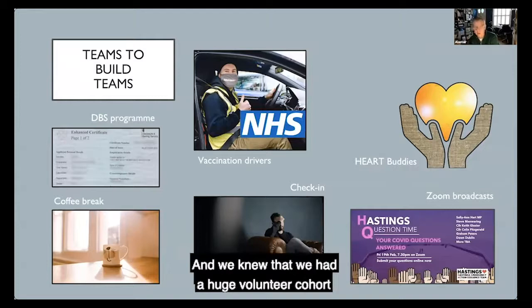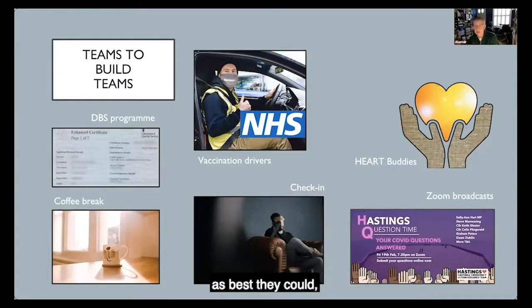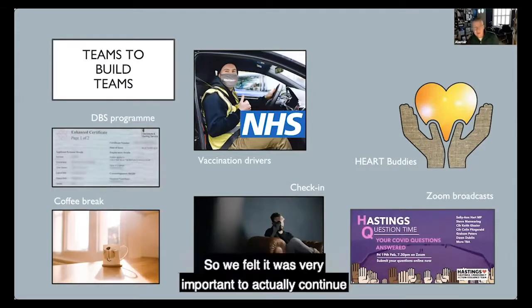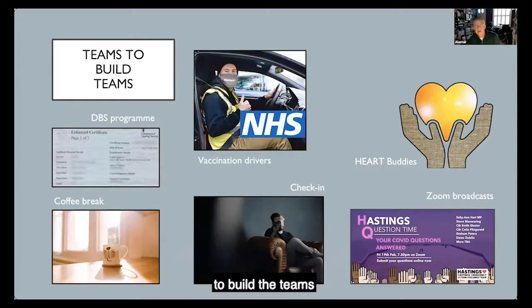And we knew that we had a huge volunteer cohort that was willing and able and up for it to help as best they could, if only they could be directed as to the best way to help. So we felt it was very important to continue to build the teams. And what better to build the teams than the other volunteers?